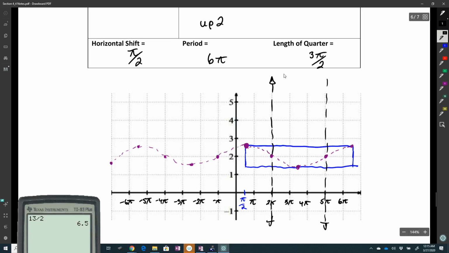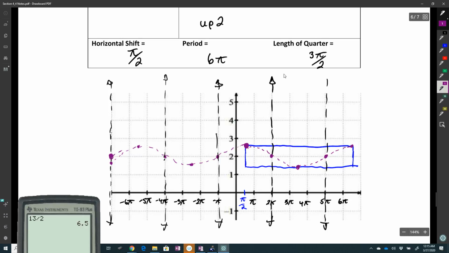Okay, so each x-intercept would be a vertical asymptote. Another one here. Another one here. I put that dot in a bad spot. It should have been right here. Anyway, so now let's graph it.